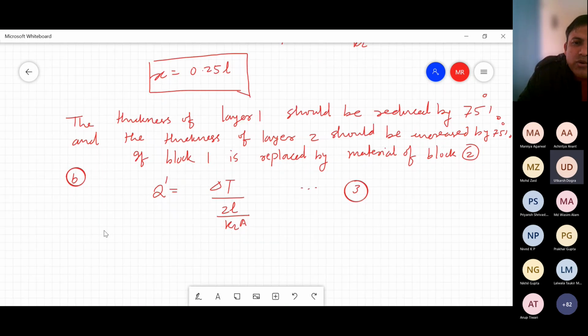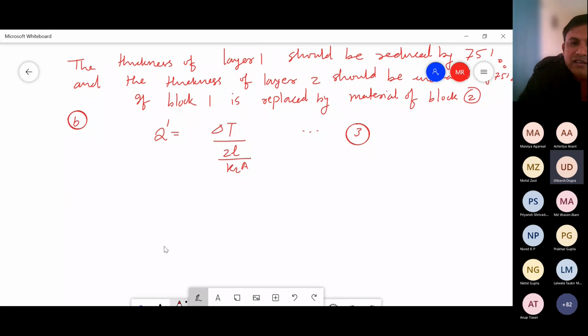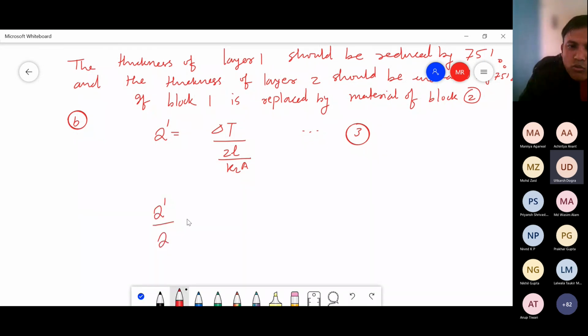If I compare equation number 3 with the original equation, and divide Q dash by Q, what am I going to get? L by 2K2A plus L by K2A, this is from equation number 1, divided by 2L by K2A.